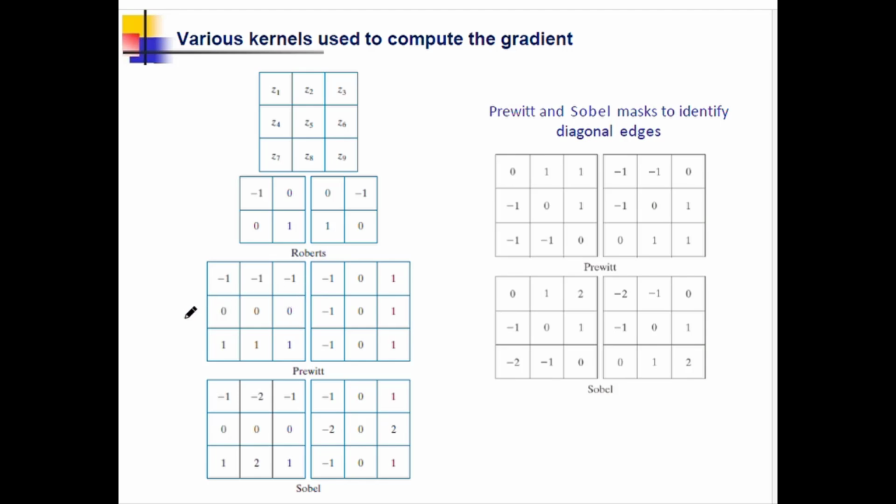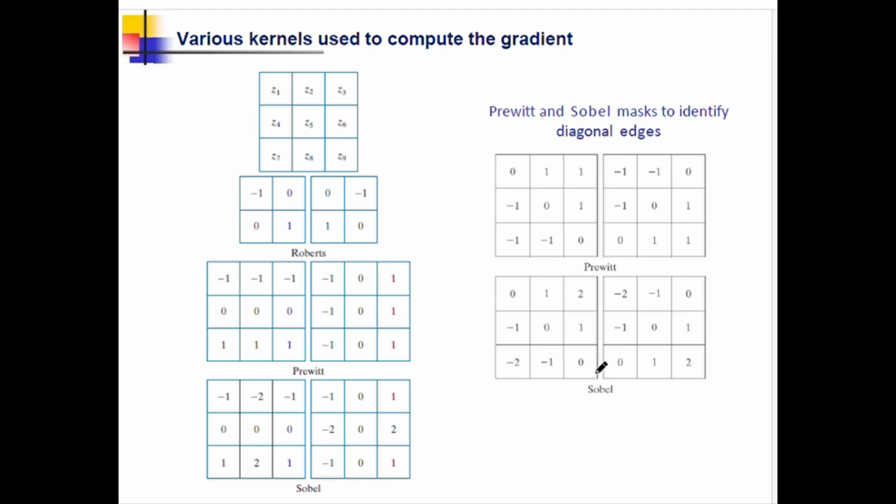So you can get the horizontal edge, and by this one you can get the vertical edge. And these are Sobel kernels. This kernel is used to identify horizontal edges and this one vertical edges. These are the Prewitt and Sobel masks to identify diagonal edges: Prewitt for diagonal edges and Sobel for diagonal edges.